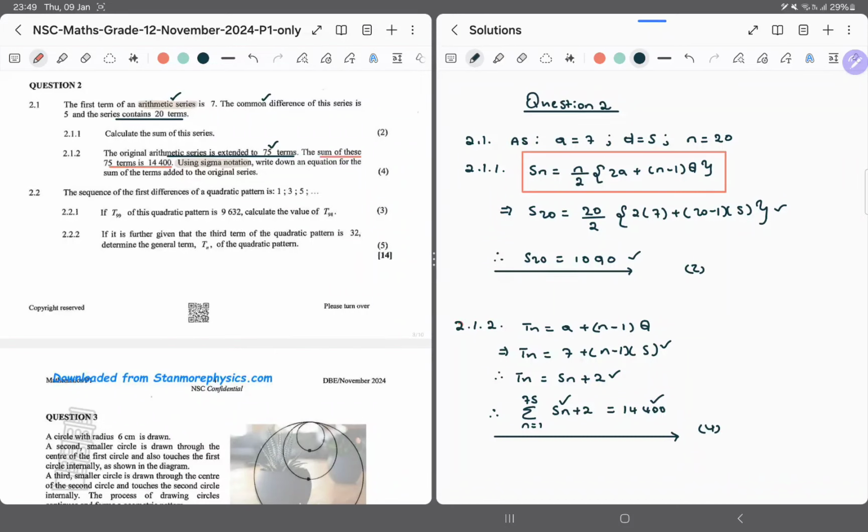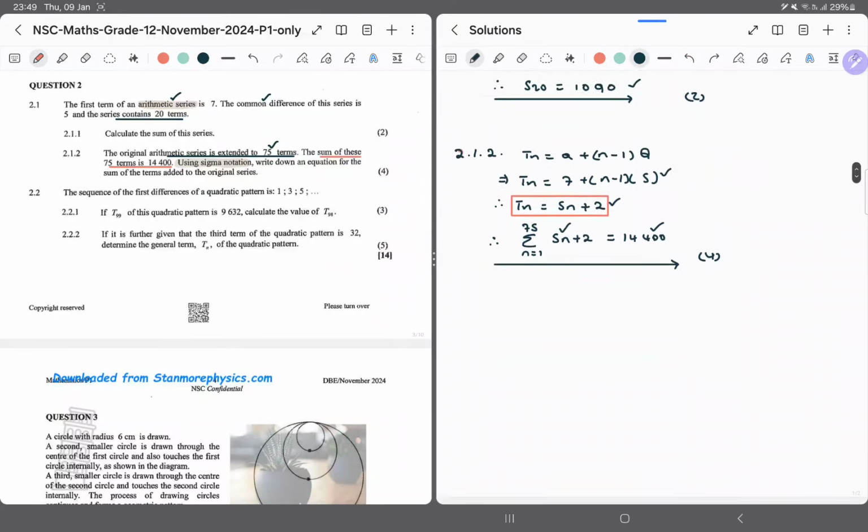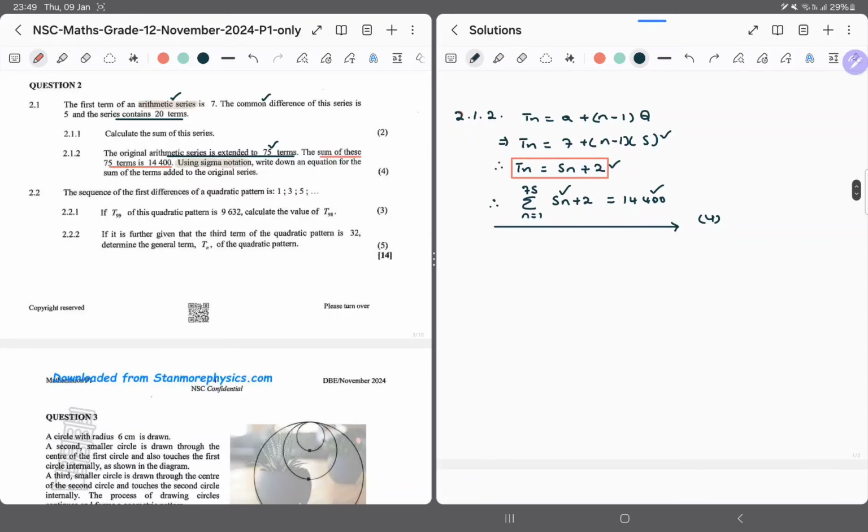So to write in sigma notation, key is to find the nth term or the general term of the sequence, because it comes in here. All right, so that's it. That's that. So we don't complicate our lives at all.